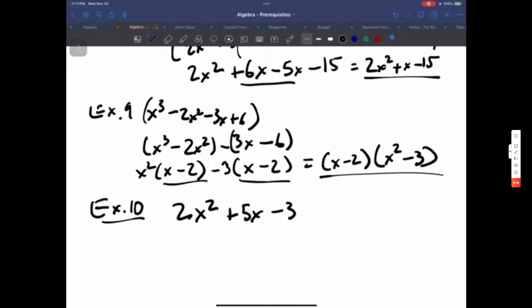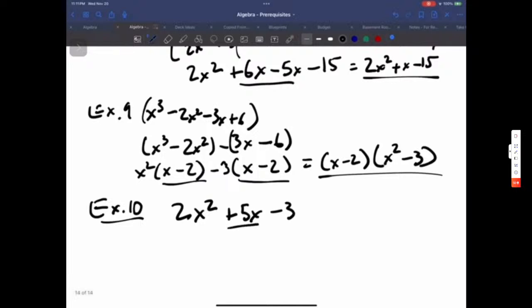And the easier way is to realize that 5x is actually the sum of 6x and a minus x.